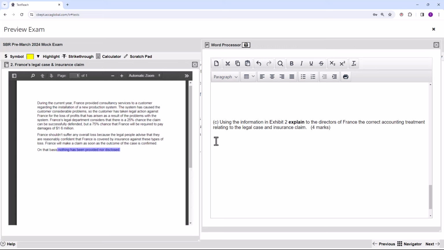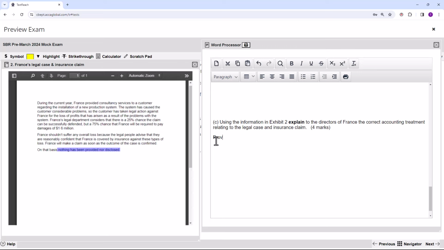There has to be a present obligation, which is legal or constructive, arising from a past event, and there has to be a probable outflow of economic benefit, which is capable of reliable measurement. You write that out, time goes by, that is not answering the question. You've got to explain to the directors of France what is going on in context.